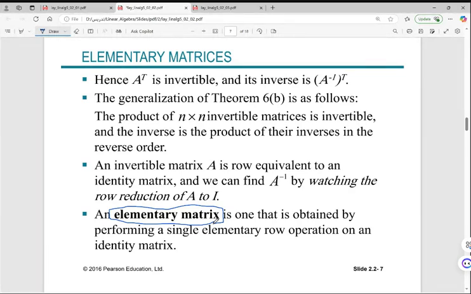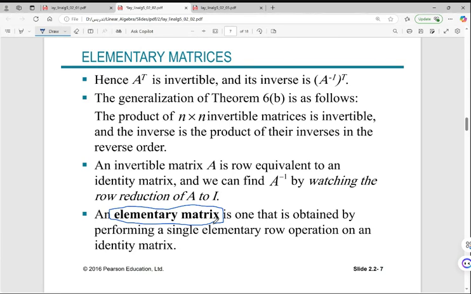What is a row operation? What are the three types of row operations? If you remember, we took them at the beginning to find the reduced echelon form.